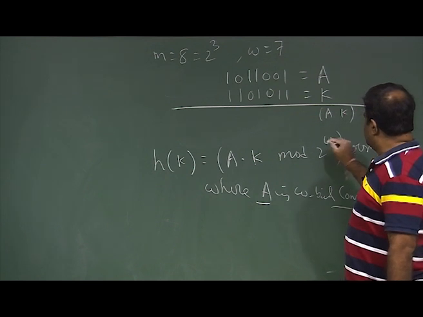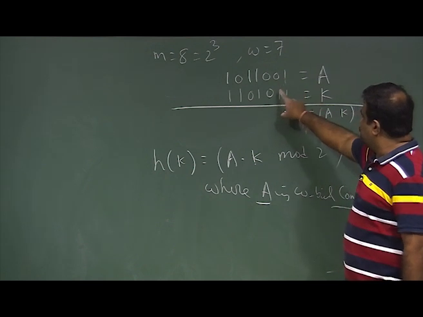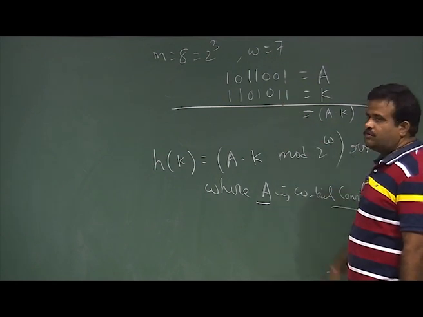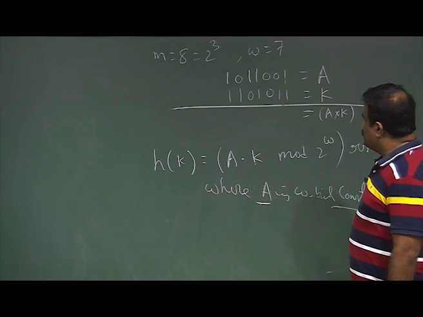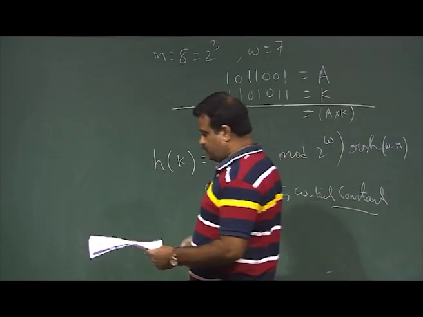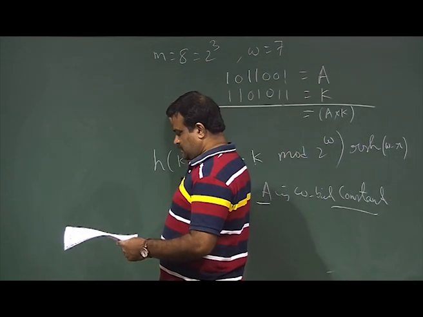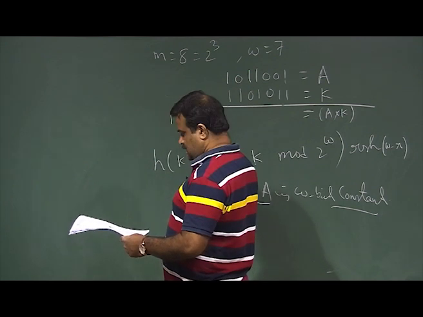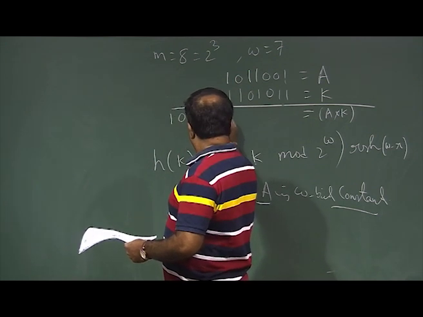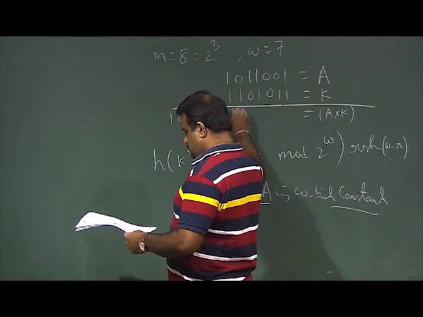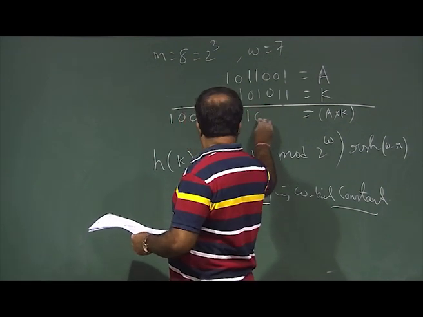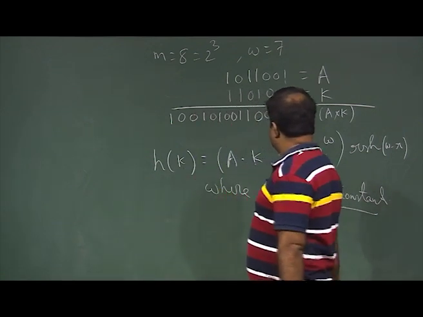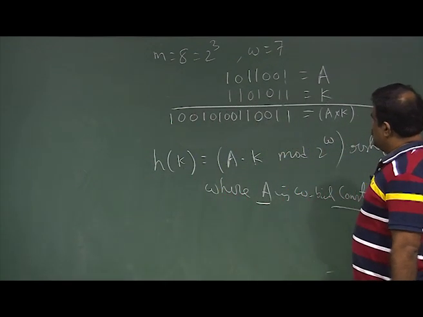This is w bit, this is w bit, then the result will be 2w bit. This is 7 bit, this is 7 bit. So, the result will be 14 bit. So, if you do that, it will be like this: 1 0 0 1 0 1 0 0 1 1 0 0 1 1. So, this is again 14 bit. Okay.